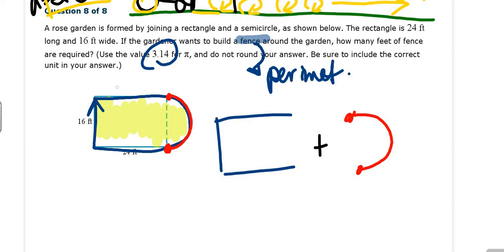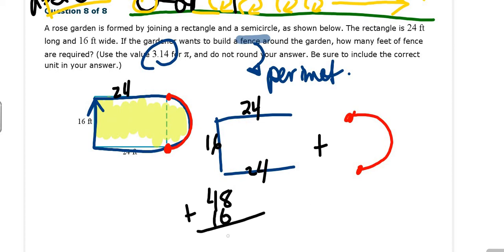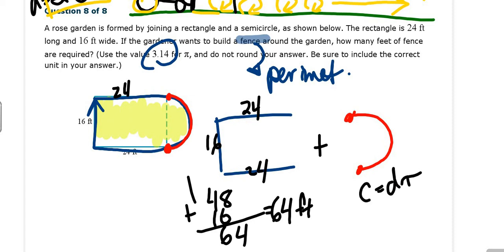So for this portion of the rectangle, it's simply 24, 16, 24. So it's going to be 48 plus 16. So that part is 64 feet. This is C equals D pi divided by 2, because it's only half. What's our diameter? If this was an imaginary circle, our diameter is 16.